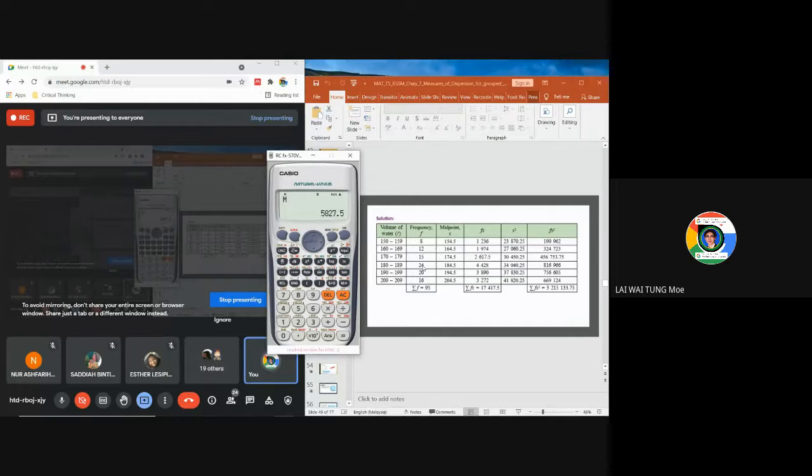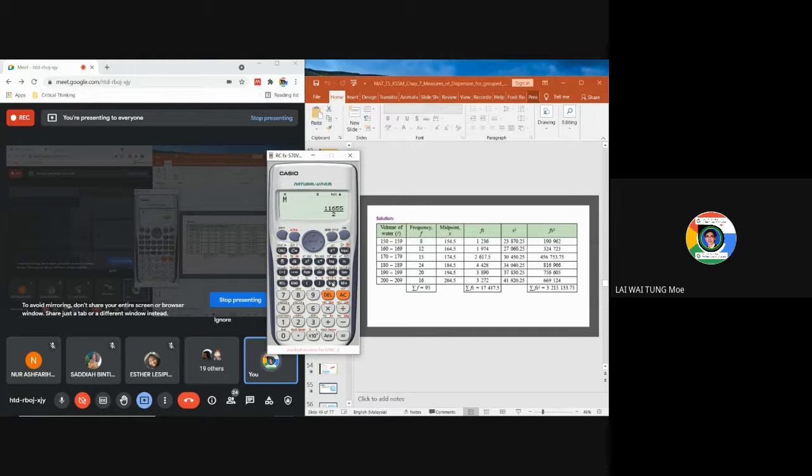Because I haven't finished just now, the answer is different from this one. The actual answer would be 17417.5, if you have done all this calculation just now. So this is how you do it. After you finish keying in everything, you press the AC button once, and then continue with alpha, M plus, and equal.